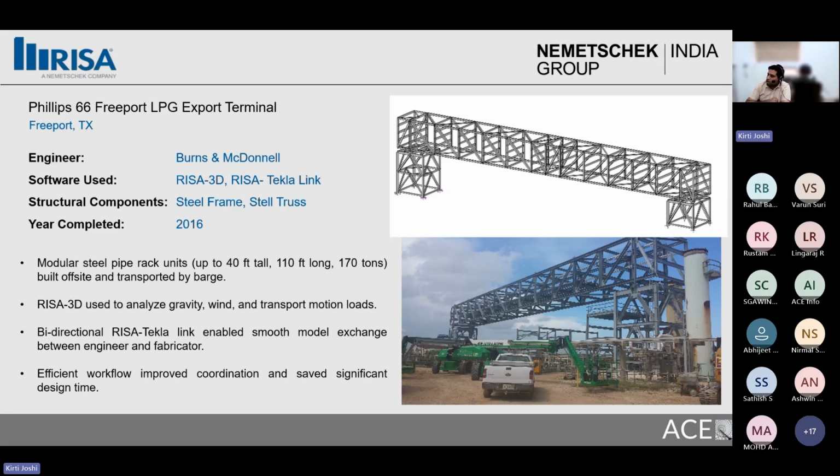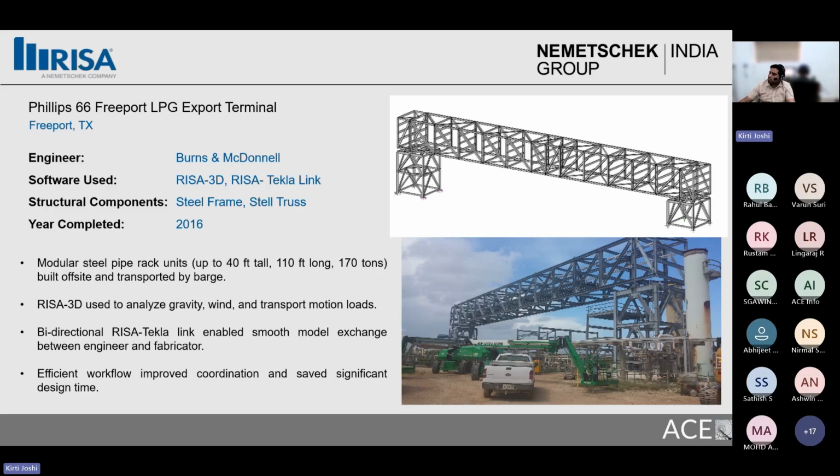Each module was analyzed in RISA 3D for the combined effect of gravity load, wind, and the dynamic motions that can arise during transport at sea level. So RISA modeling accuracy was critical in ensuring that it withstands both the in-service and the transit forces.